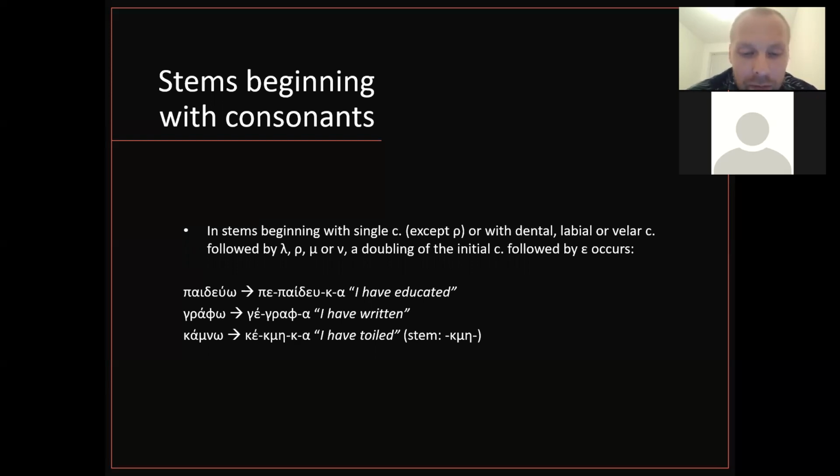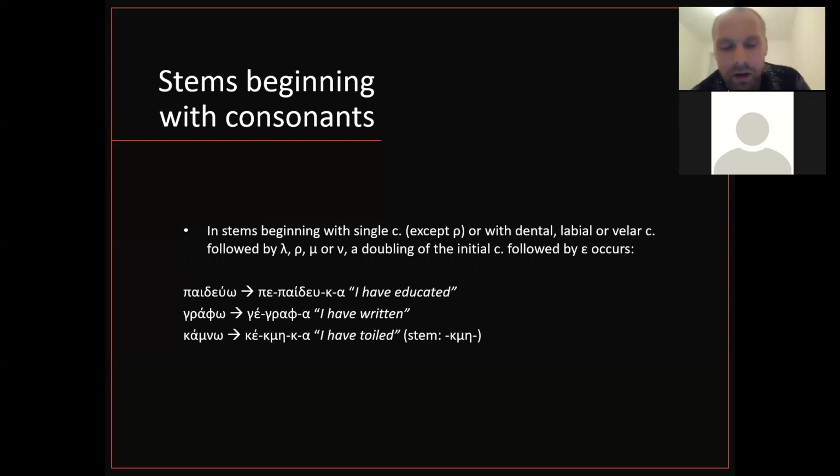And grapho, where the root begins with a velar followed by a rho, becomes gegrapha. And kamno, I toil, becomes kekmeka, because here the verb root is actually kme.